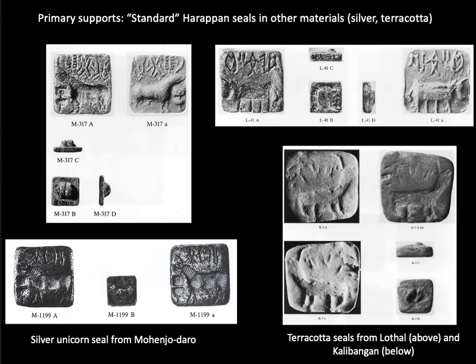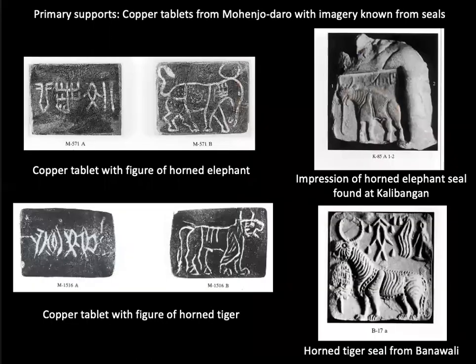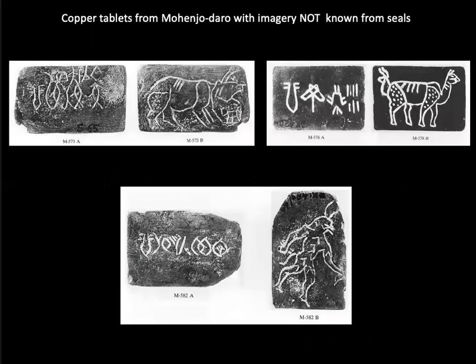The other truly interesting support for imagery that we find are the small copper tablets that are found primarily at Mohenjo-daro. And these include imagery that is known from seals, such as the unicorn or horned elephants or horned tigers, but also imagery that is not at all known from the seals or other molded artifacts.